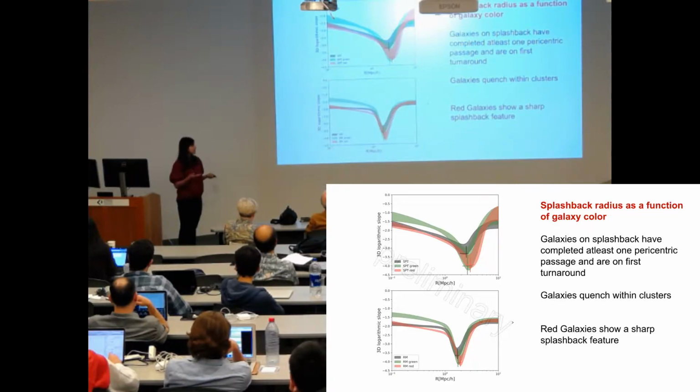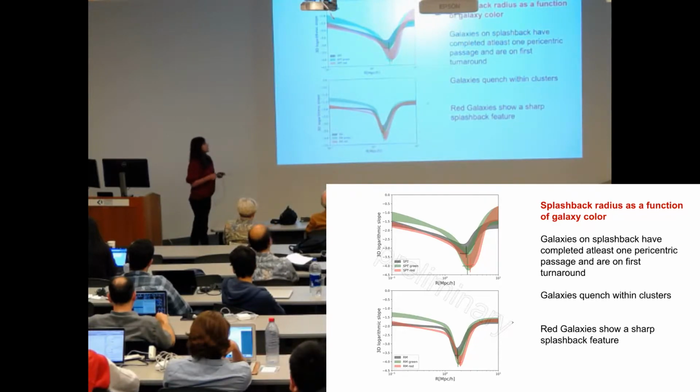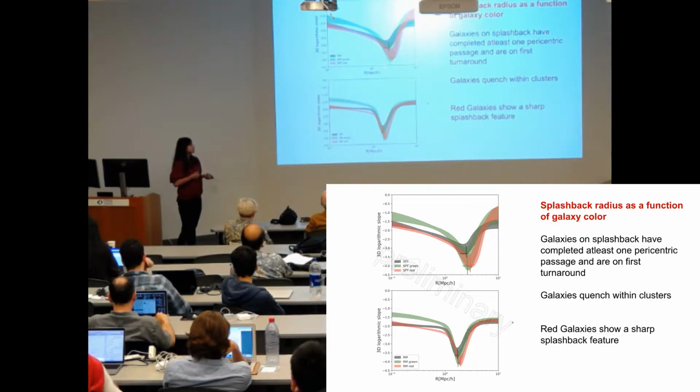What we do in observations is split galaxies based on their colors, and we try to see whether or not we see a splashback in that sample of galaxies. If you sub-select the reddest galaxies in a cluster, you see a very strong feature. When we take the green valley galaxies, we also see somewhat of a splashback feature, which is here.